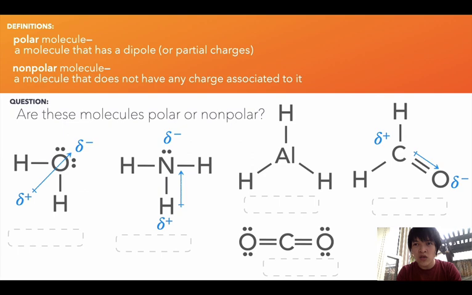Which of these molecules are polar molecules? Which ones are nonpolar molecules? I'll give you about 5 seconds to think about this. Okay, here they are. So basically the ones that have partial charges on them, those are polar molecules. I hope you found this part easy.